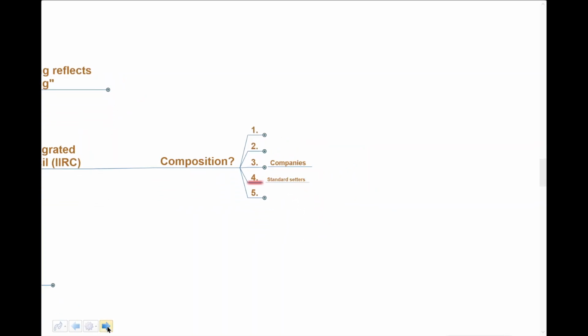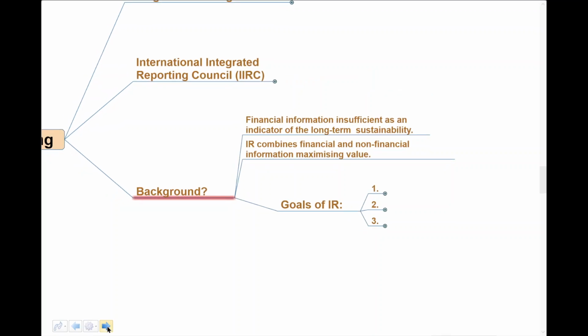So next key point for us is in terms of background. So we know what it is, we know what it should be, we know that the IRC are going to provide us with assistance and guidance and standards, etc. What's the background to IR? Well, as mentioned, when we think about historical financial reporting, really financial information is insufficient.